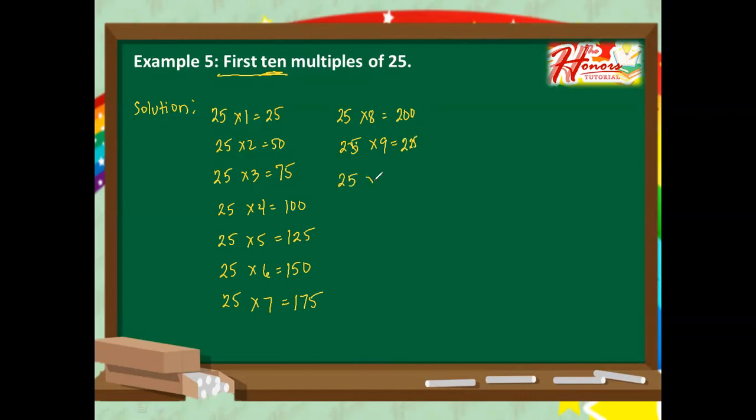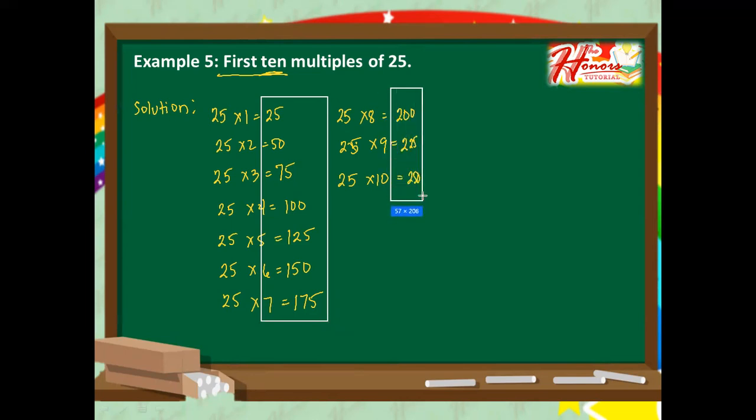And 25 times 10, that is 250. So we have here the first 10 multiples of 25. So these are 25, 50, 75, 100, 125, 150, 175, 200, 225, and 250.